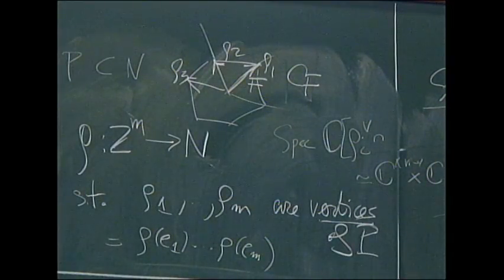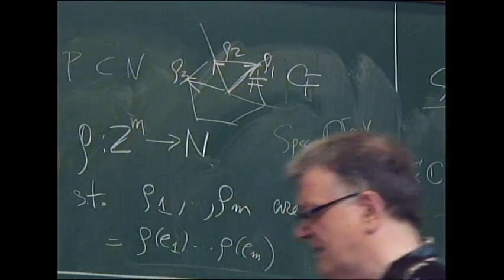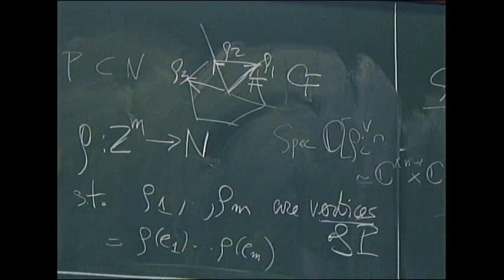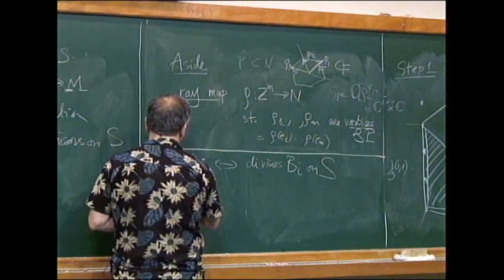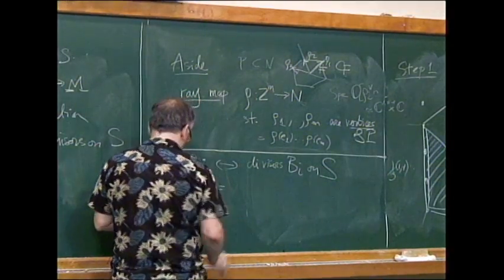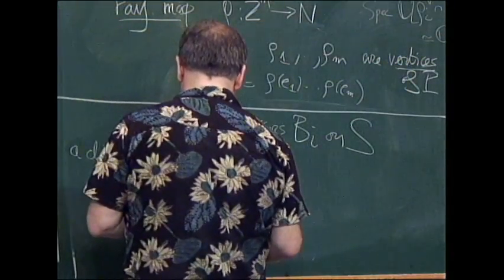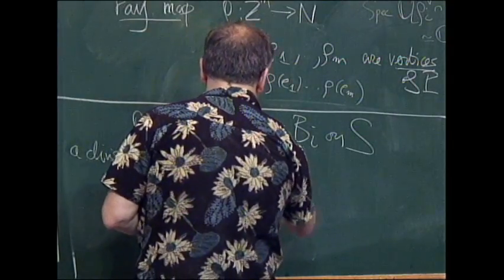So anyway, the rho i corresponds to divisors on S. And then a divisor D you can write as a sum of those guys, sum di Bi.